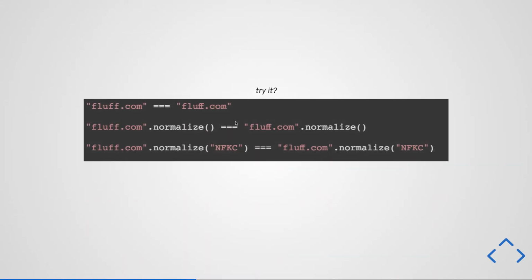And the reason why that last one, let's say I have fluffy.com. There is a ligature character, an actual character in Unicode. I could do some mean things to people, and make them think that they're visiting my site when they're actually visiting this thing where they collect credit card numbers, and I'm sending them to mine and getting their credit card number. So this is why that NFKC, normalization form compatibility composed.